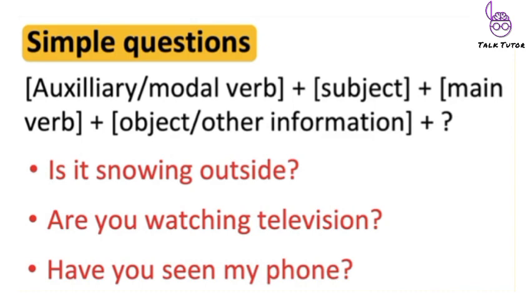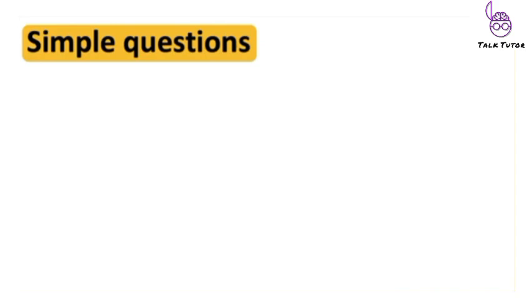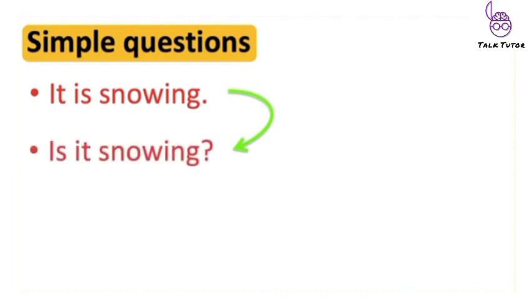If you have a sentence, then you can rearrange the components to form a question. For example, it is snowing. This is a sentence. The subject is it, and the verb is. So we can rearrange these components to form a question. Is it snowing?